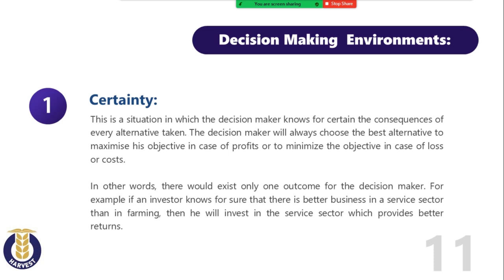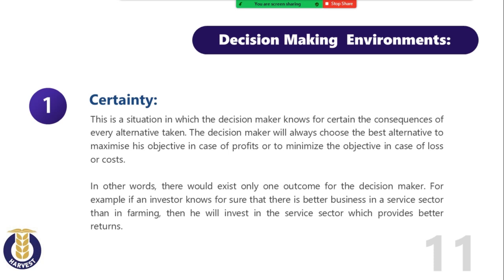The decision maker will always choose the best alternative in order to maximize their objective. If we are talking about profits, the decision maker will select that alternative that maximizes the profit or minimizes losses and costs.